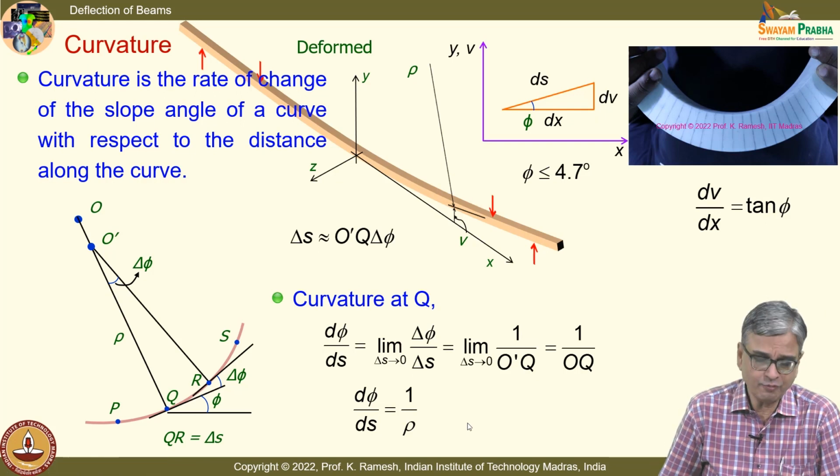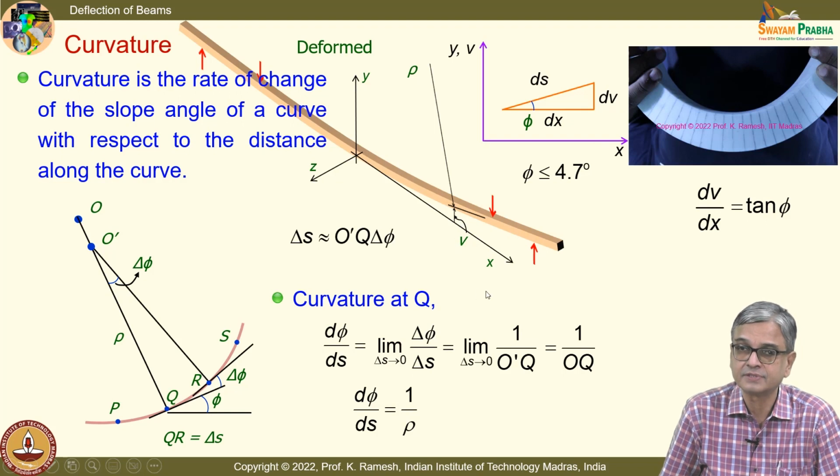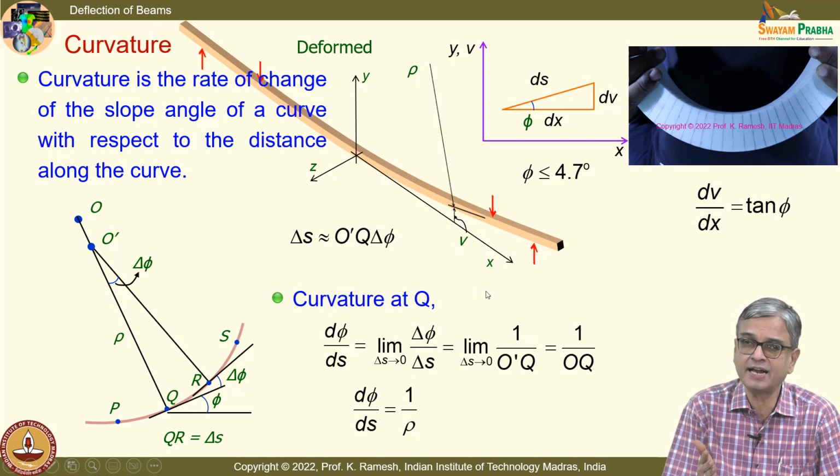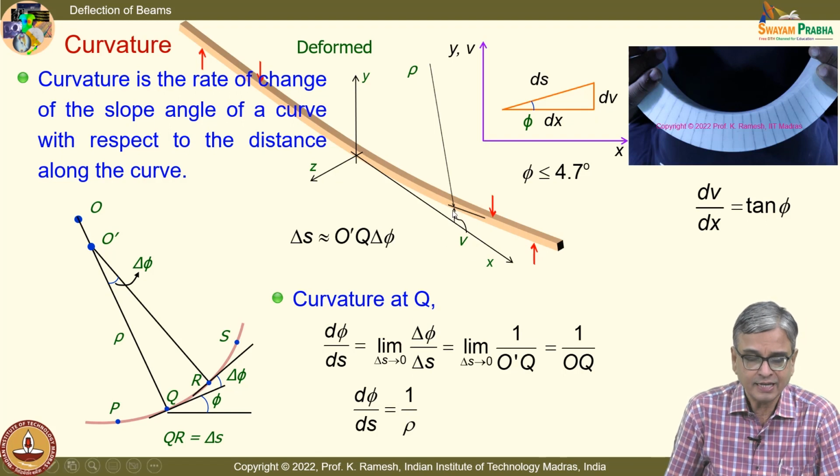Now, what we will have to do is how to relate this d phi by ds to the deviation dv or displacement v. Once you establish that, then we will know by looking at the bending of the beam how to calculate the deflection. The deflection is going to be represented as the displacement v.